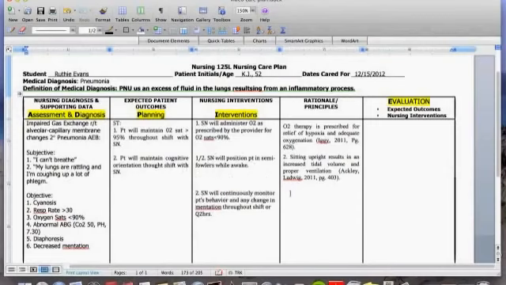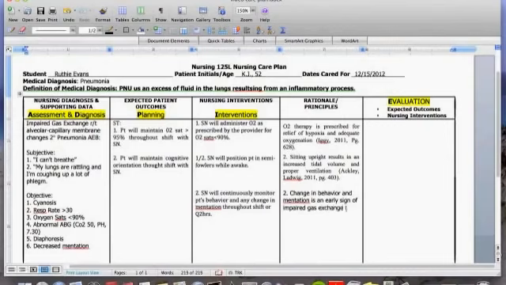And I like these to line up here. So I actually also happened to find a rationale for this in my Ackley and Ladwig book, and it says change in behavior and mentation is an early sign of impaired gas exchange.